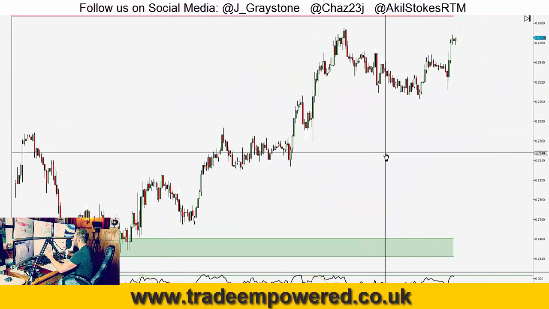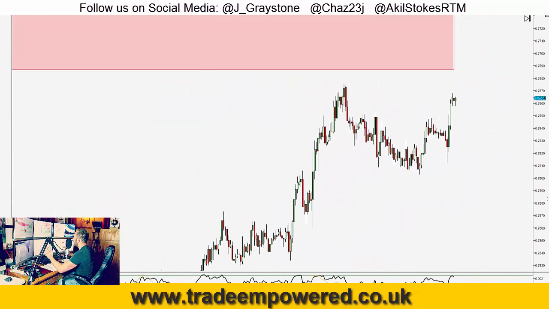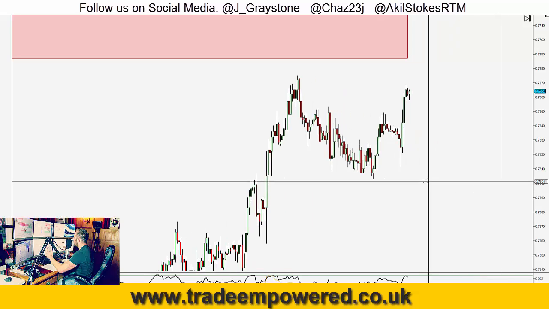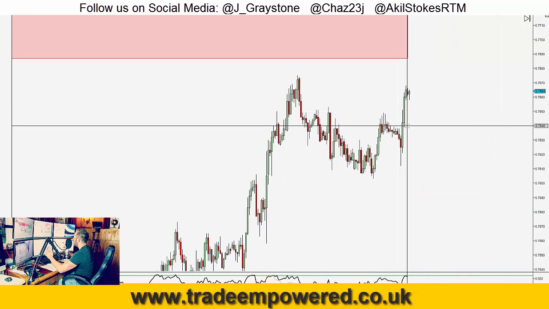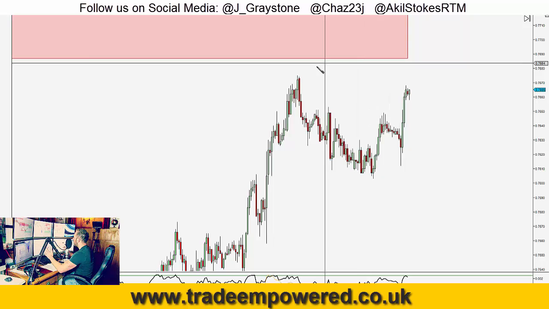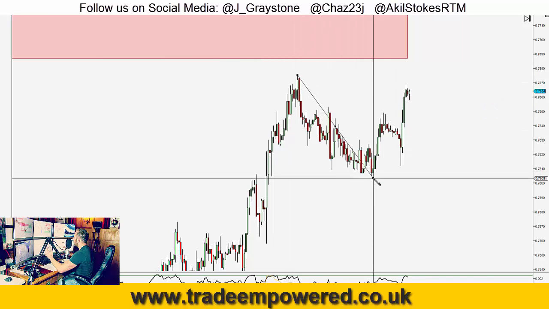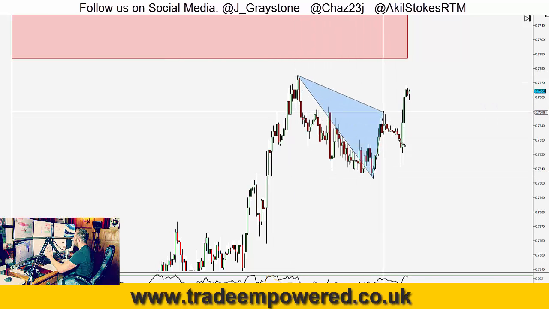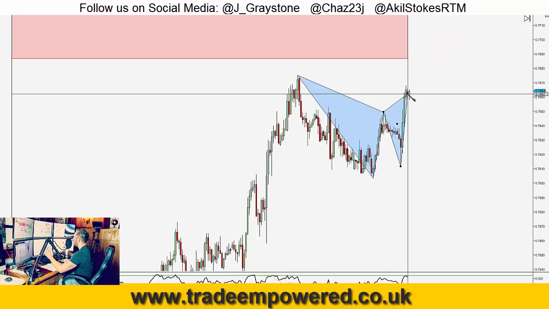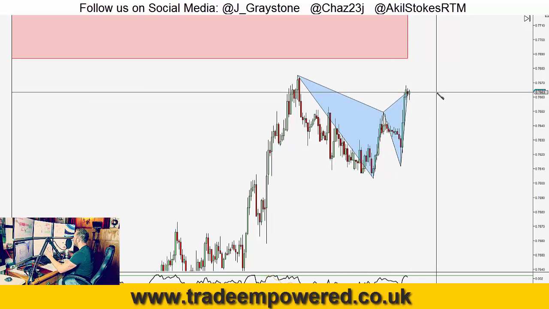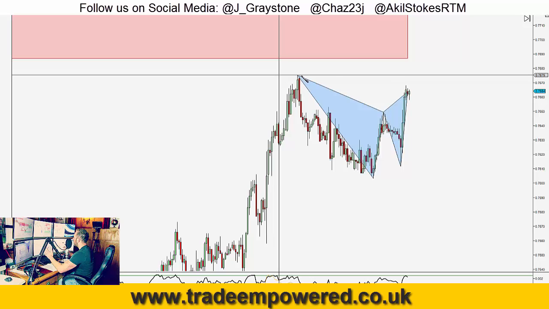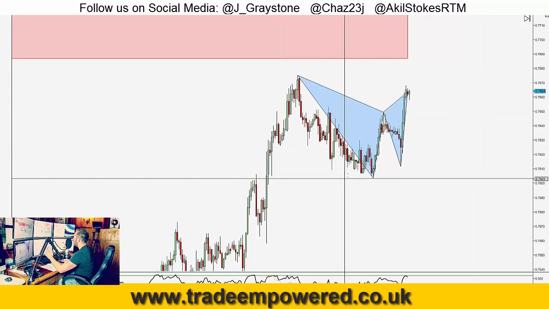If we drop down to the 60, you're going to see a couple of aggressive entry reasons down here. Anyone that trades advanced patterns, you're going to see that we've actually got X to A to B, B to C, and a CD completion up here at, let me just bring on the Fibonacci retracement.